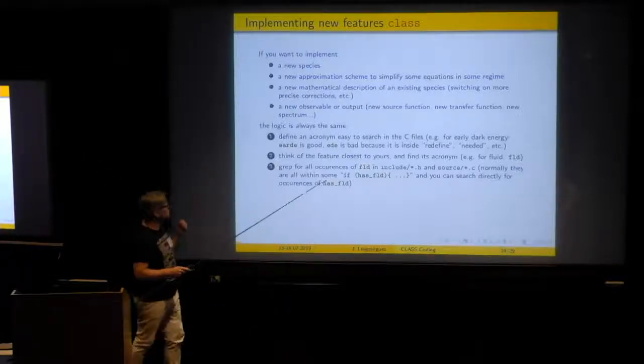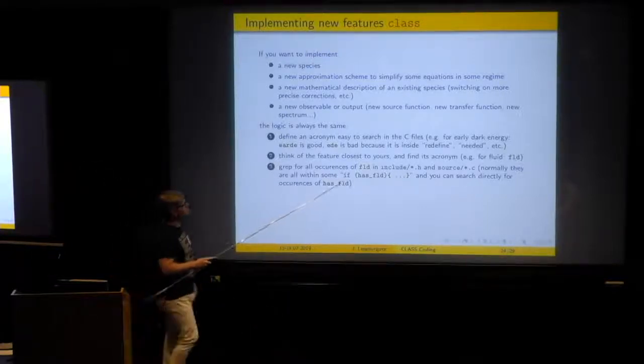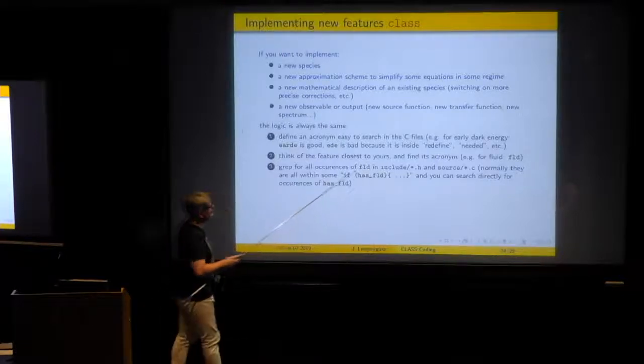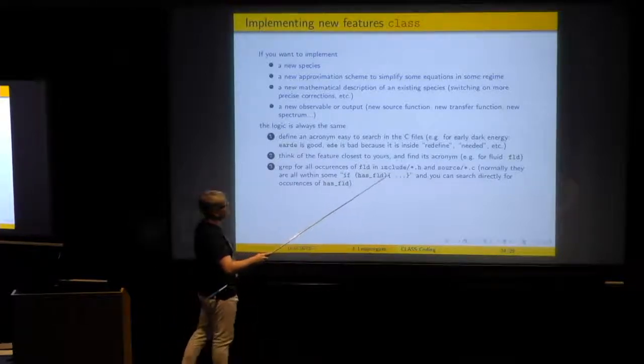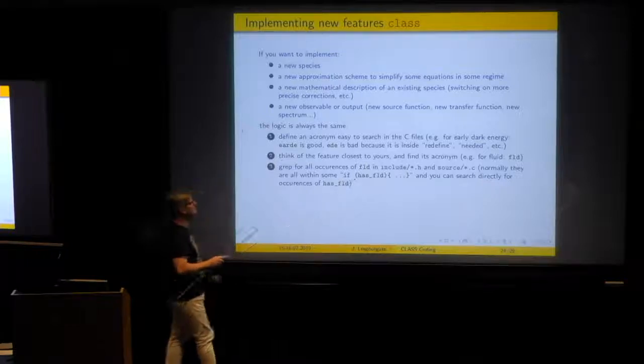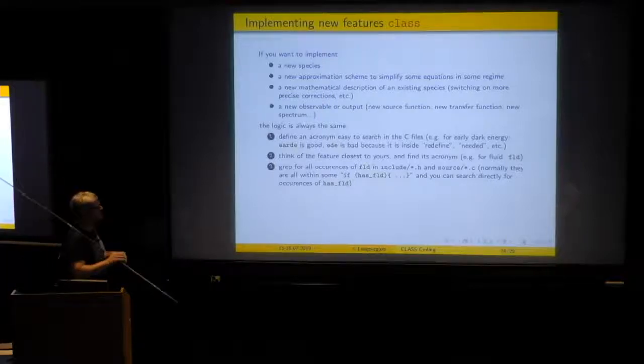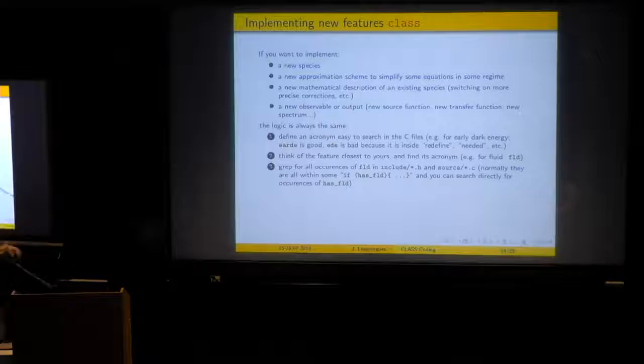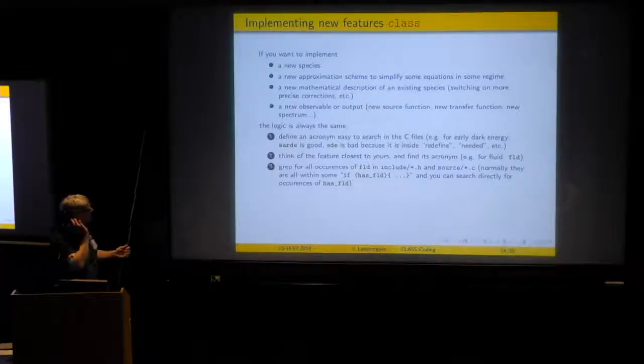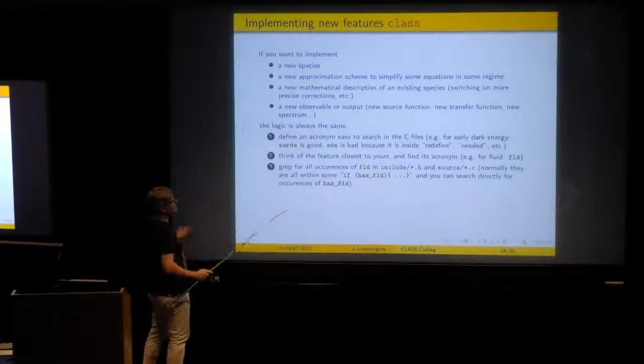And if you want to be more specific, you can just search for has FLD, because anything related to the fluid is inside some bracket after an has FLD. This is the power of these flags. So you can grep, if you want now, for has FLD in all the C files, and you should get of the order of 20 of them. And you know then that you have to, for your new field, care about these 20 things.